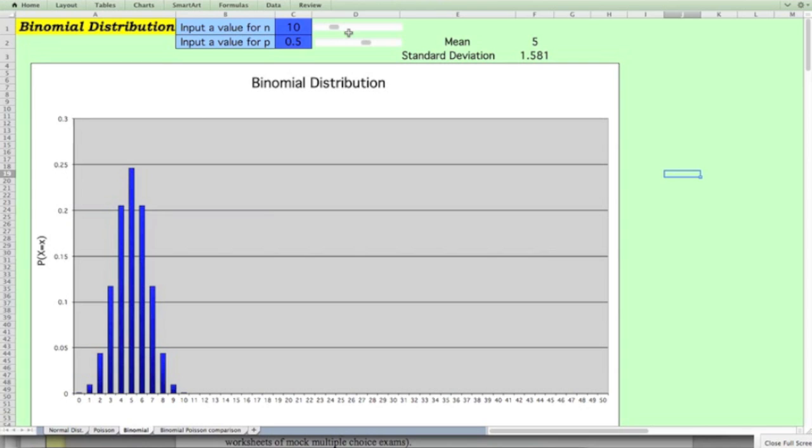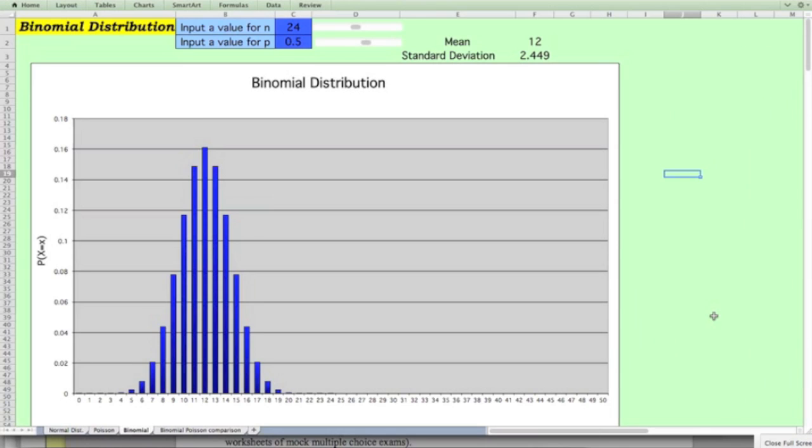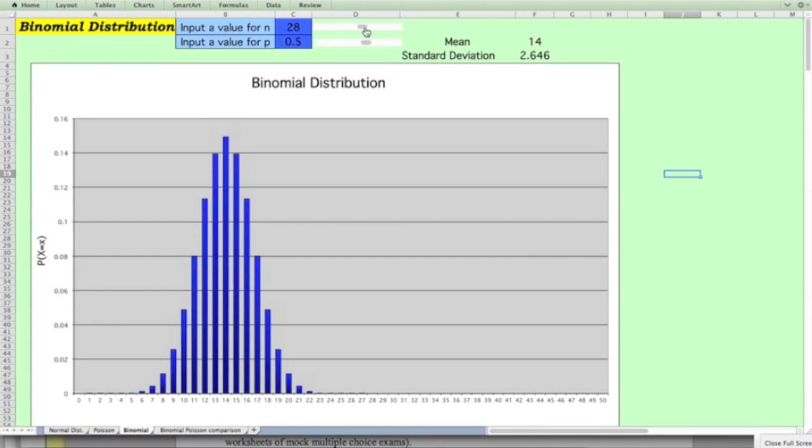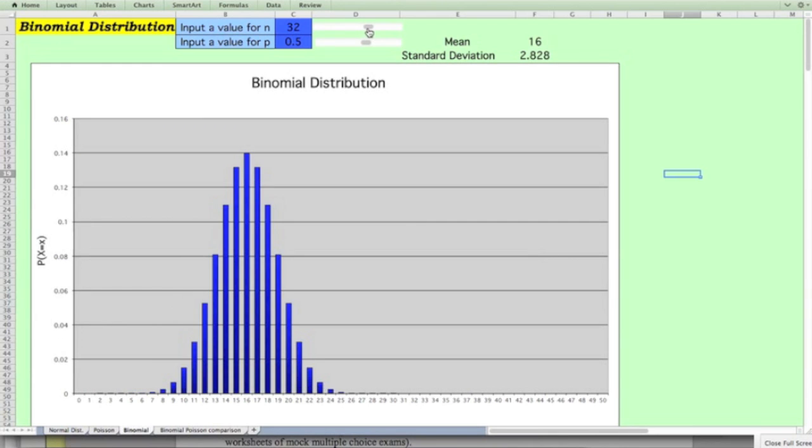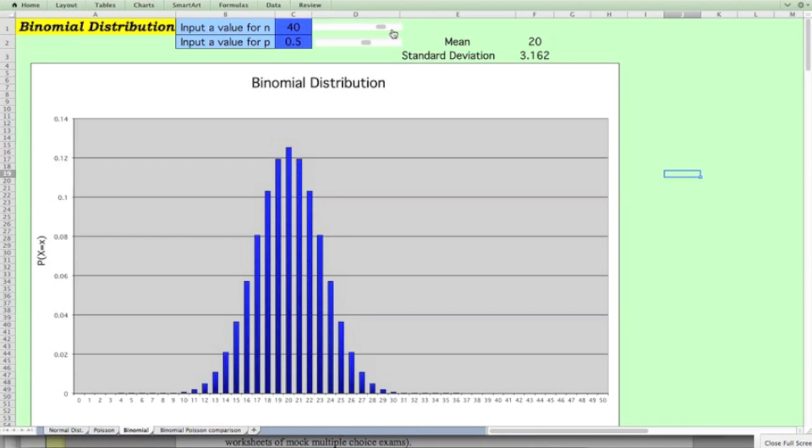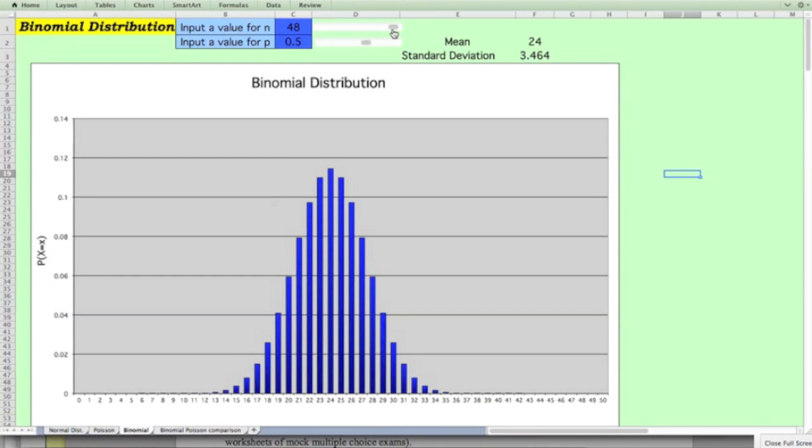So now I've got 10 trials with a probability of 0.5. You can probably start to see what's happening to the shape of this distribution. And it's no surprise, given the title of this video, what actually happens to it. I can keep going further and further, increasing the number of trials, and you can see that the shape very much approximates a normal distribution, a bell-shaped curve.